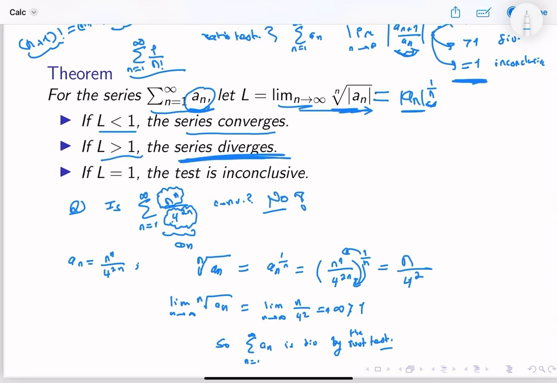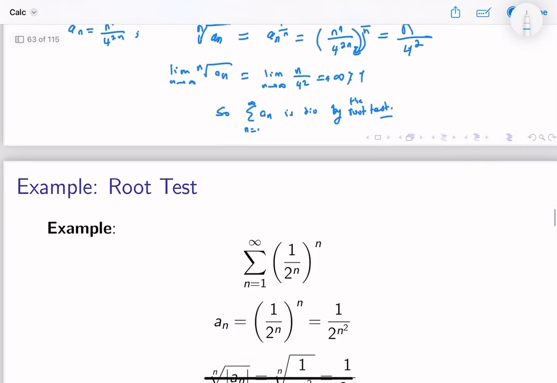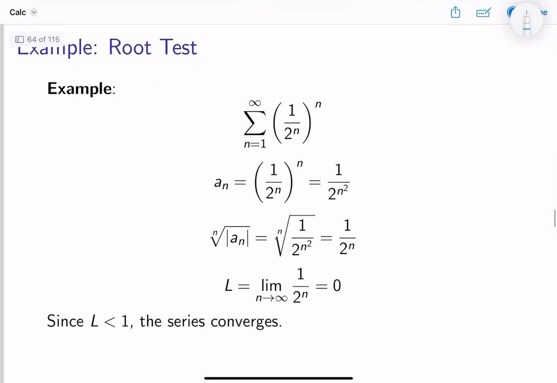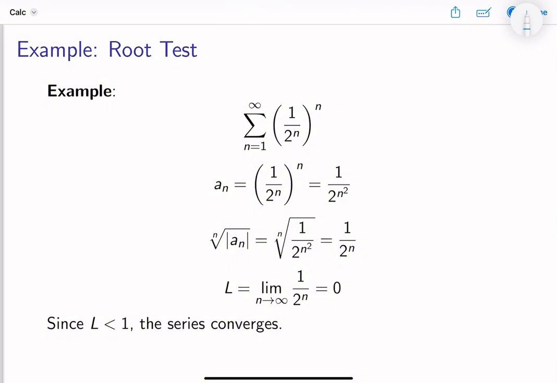So let us take another example just to make things clearer. We already know that the sum of 1 over 2 to the n from n equals 0 to infinity converges, because it's a geometric series with r equals a half, which is strictly less than 1.